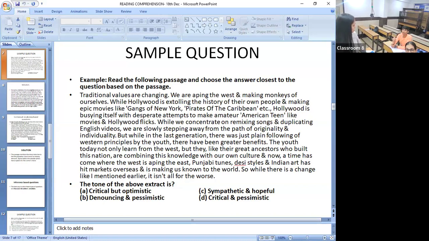If the person is neutral, if the person is critical, to identify that, what emotion is the writer trying to convey?